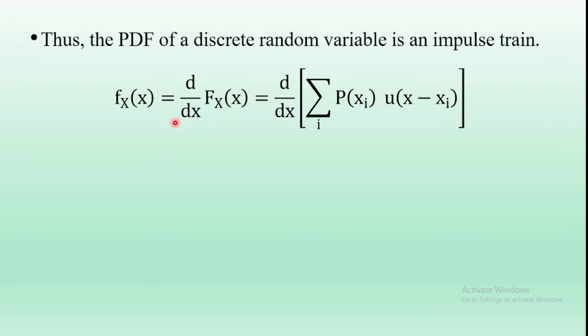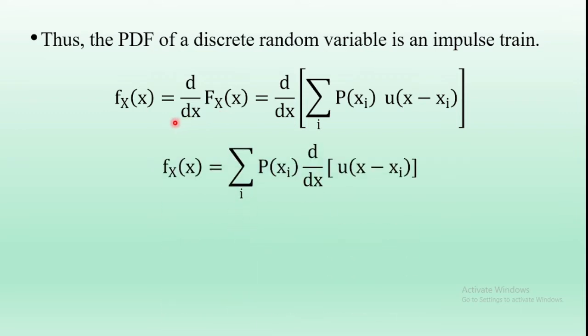We get the probability density function fx of x equals, applying the derivative to the unit step function, sigma i p of xi into d by dx of u of x minus xi. U of x is the unit step function. U of x minus xi is the unit step function at x equal to xi.